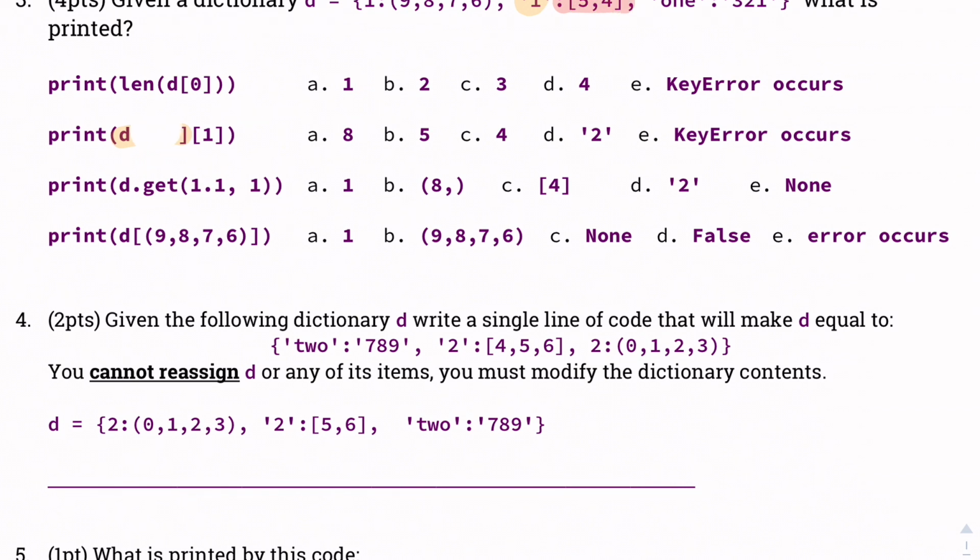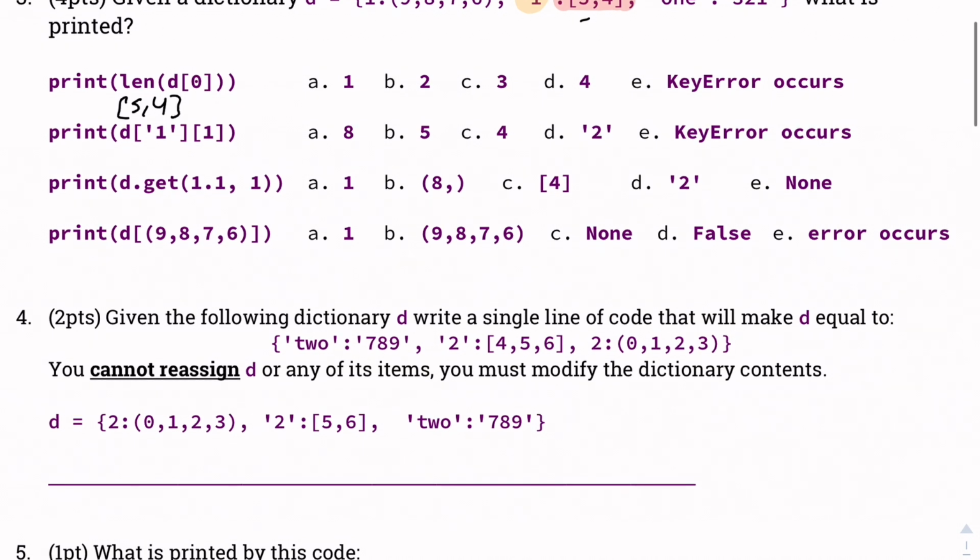You can think of it like we're going to take this list and replace D at the character 1 with that value. So we're really looking up this index in this list. What is it at index 1 in this list, 5, 4? That's just the number 4. So that's what gets printed.